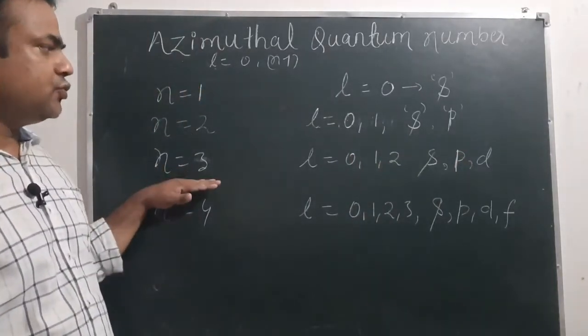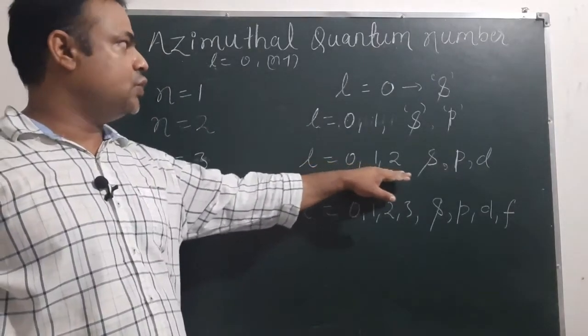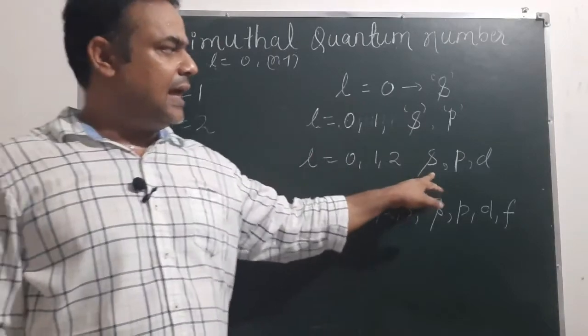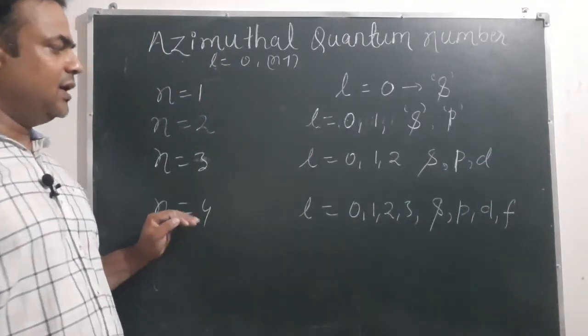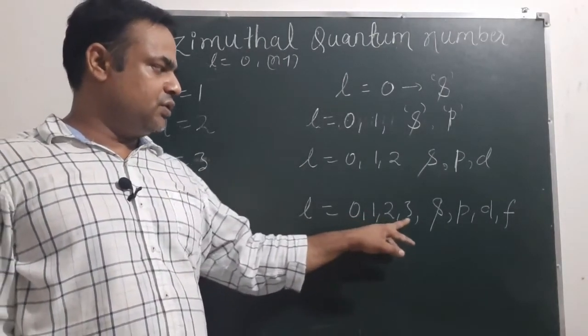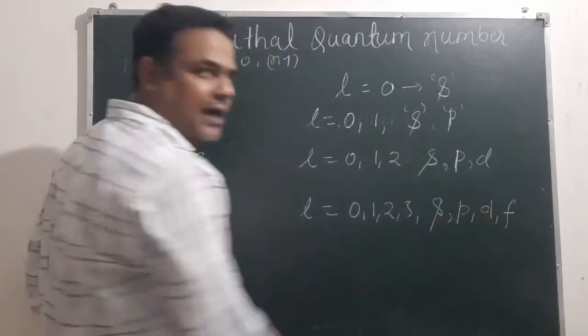If n equals 3, then l will have three values 0, 1, 2 by using the same formula, and will have three subshells s, p and d. If n equals 4, then l will have four values 0, 1, 2, 3, and there will be four subshells s, p, d and f.